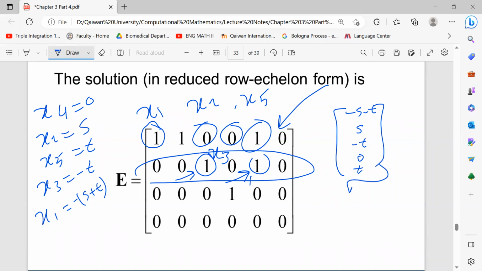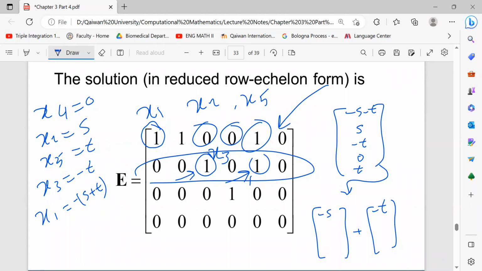We can write this as a sum of two column vectors. One includes t terms, one includes s terms. Okay? Can we say this equals minus s plus minus t? Yes. For the first entry, it's minus s minus t.